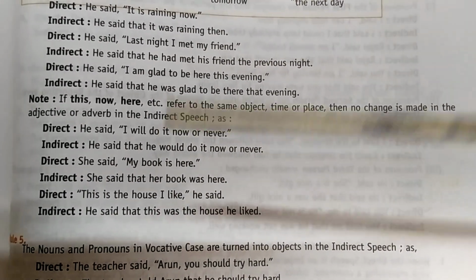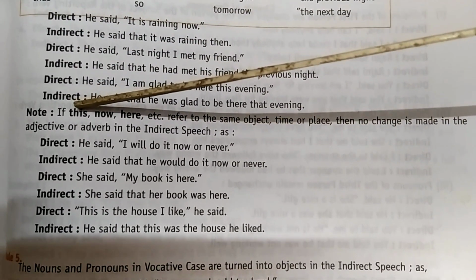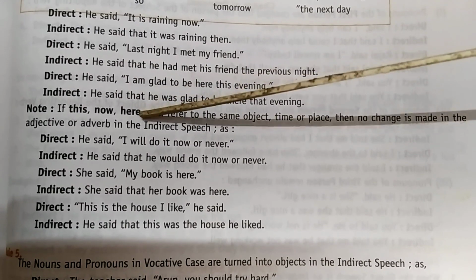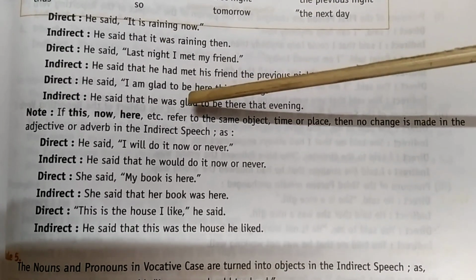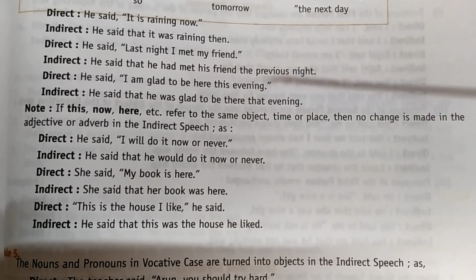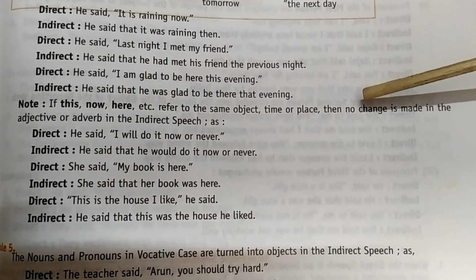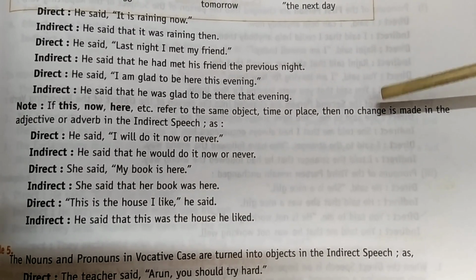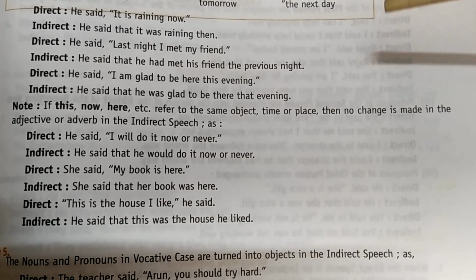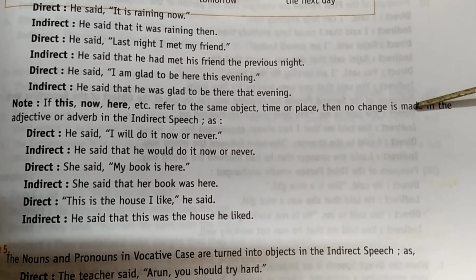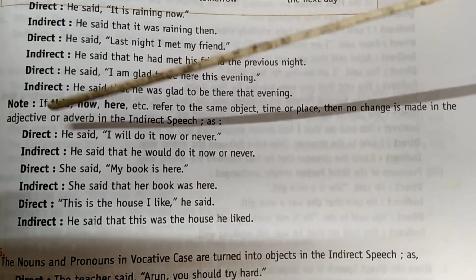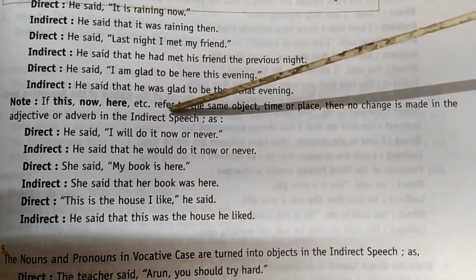Let us see. If the words this, now, or here refer to the same object or same time or place, then there should be no change. We don't have to make change. So no change is made in the adjective or adverb in the indirect speech.